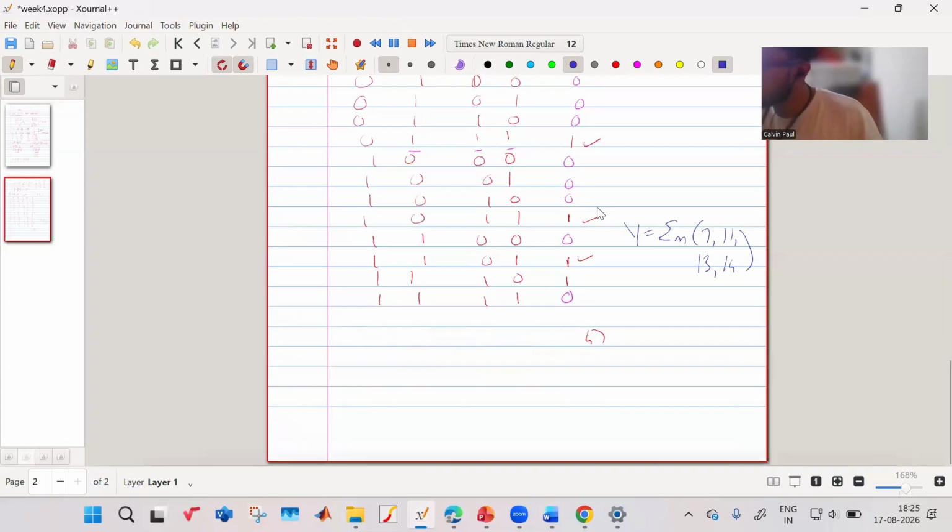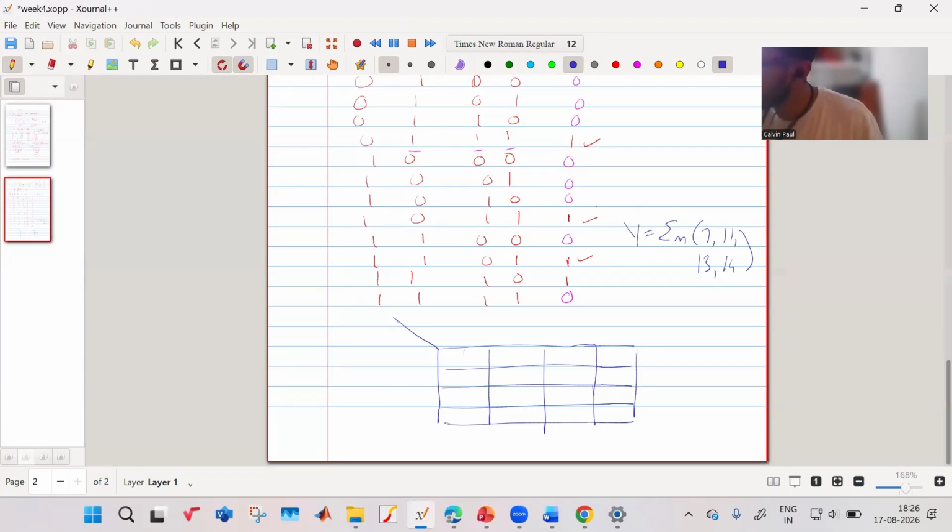Now we have to find Y. So this is A, B, C, D, and the cells are numbered 0, 1, 2, 3, 4, 5, 6, 7, 8, 9, 10, 11, 12, 13, 14, 15.